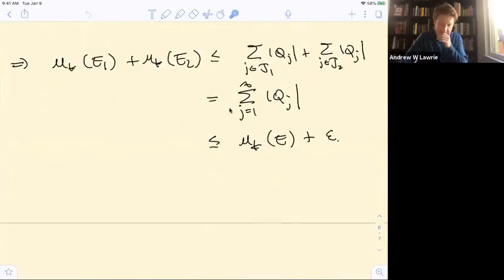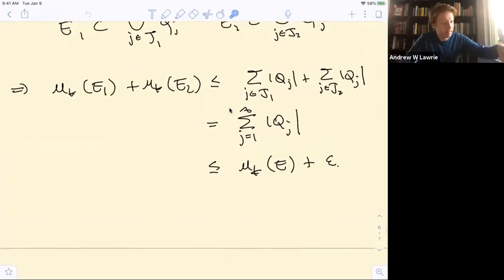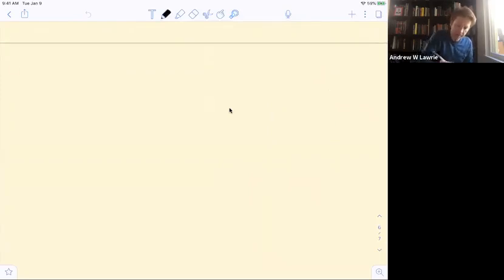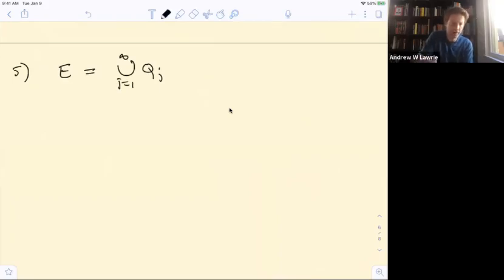Okay. So we're almost there. Property 5 is that if my set E is equal to a union of QJ, a countable union of almost disjoint cubes.